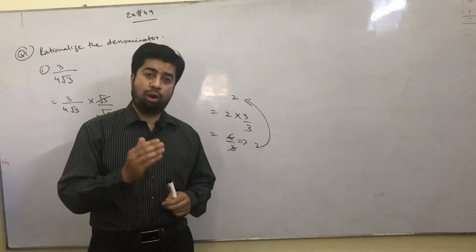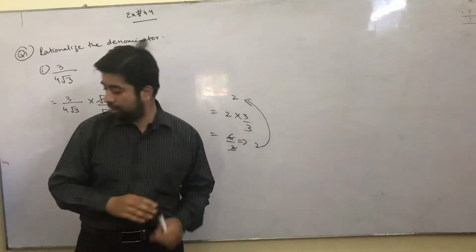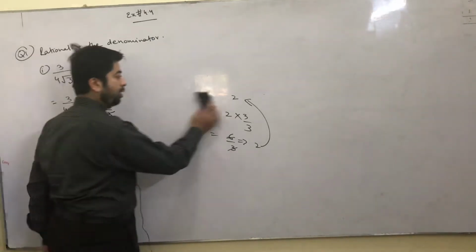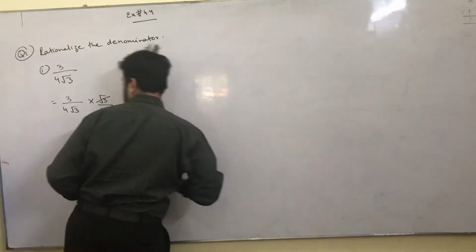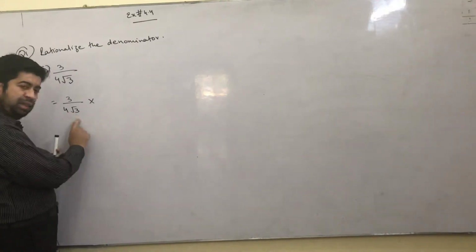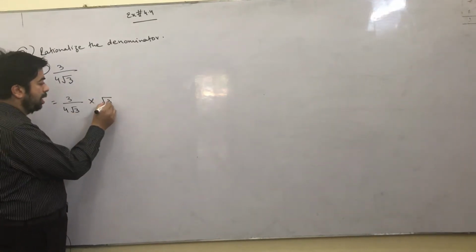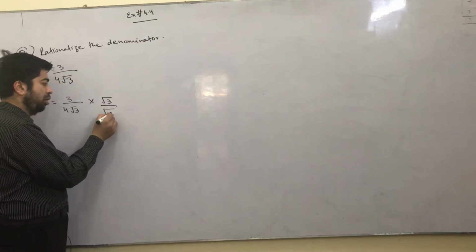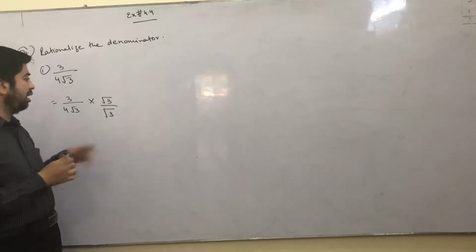You are allowed to do this in any question. So to make it rational, we multiply with that irrational number and at the same time divide with that irrational number.